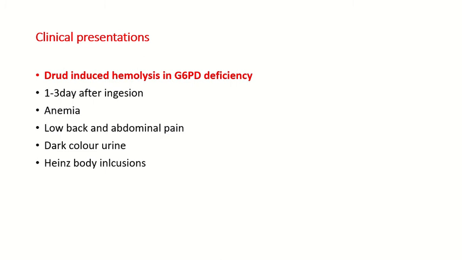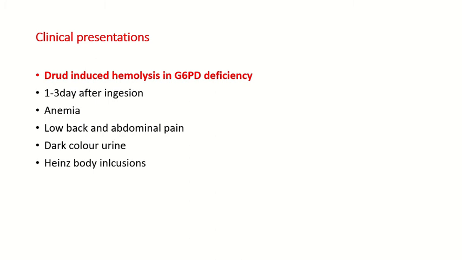Now, drug-induced hemolysis in G6PD deficiency. After ingestion of certain drugs, for example antimalarial drugs, patients have pallor, low backache, and abdominal pain. Basically, in G6PD deficiency there is intravascular hemolysis.